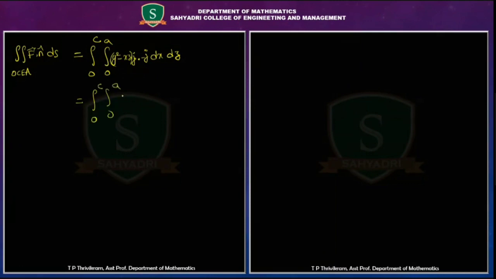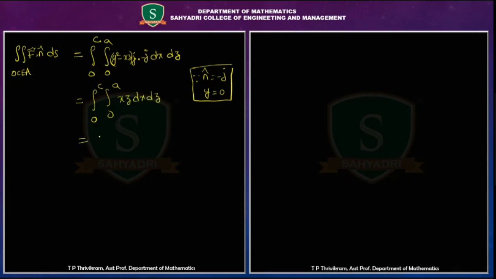If you make a dot product, you'll get minus, since n cap equals minus j, and here the y value will be 0. On the xz plane, the y value will be 0. So I substitute these two values in this equation. What happens? You'll get xz dx dz.